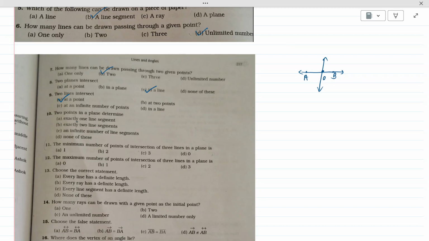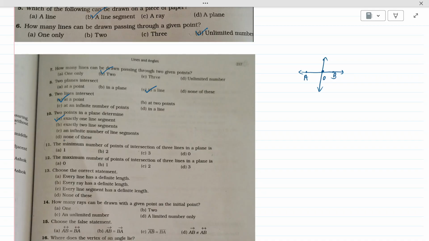Next we have, 2 points in a plane determine exactly one line segment, two line segments, an infinite number of line segments, or none of these. Same thing we have done here. Questions 7 and 10 are similar. So we will have exactly one line segment for 2 points in a plane.